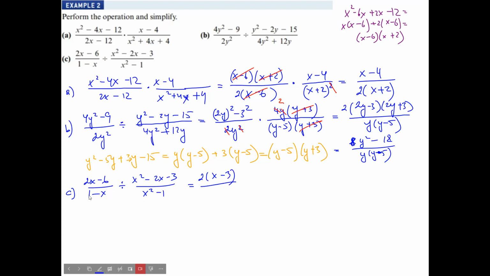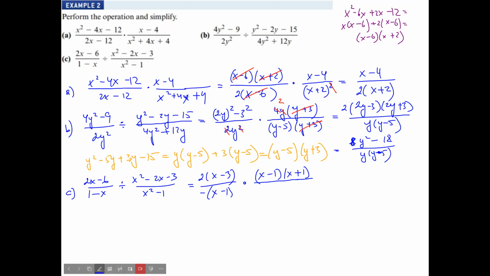This one, I have 1 minus x, and I have x squared minus 1. So this one will expand, (x minus 1)(x plus 1), right? So I take minus outside. Then division, I change for multiplication. x squared minus 1 jumps upstairs.